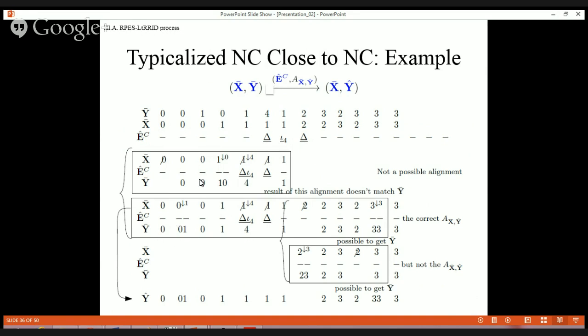However, in some alignments, for example in the first alignment, we align the first run of y to the first run of x through one deletion. And in this way, we can also align the E complement to them.